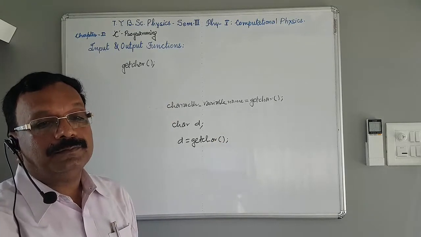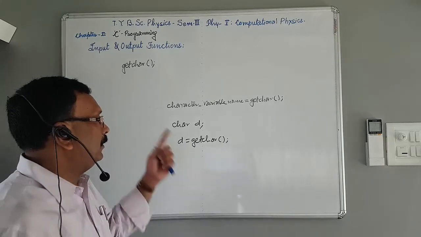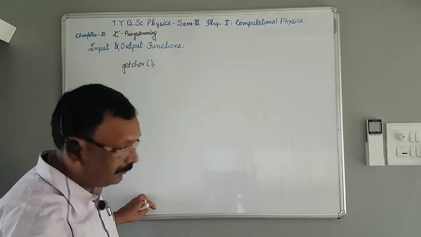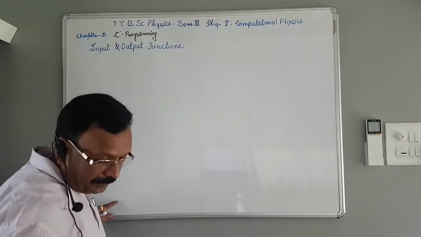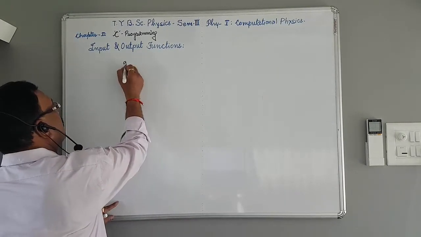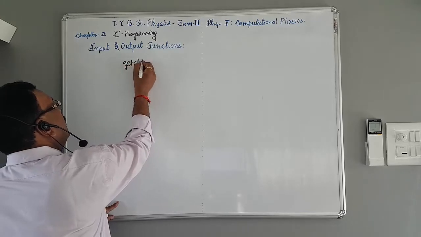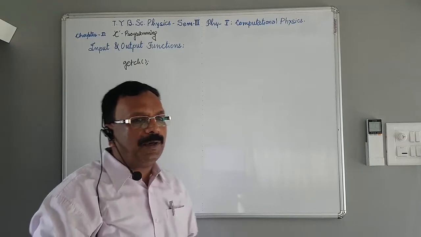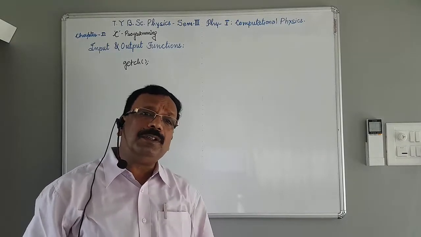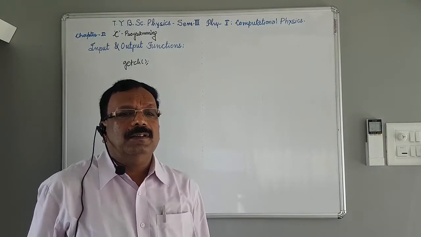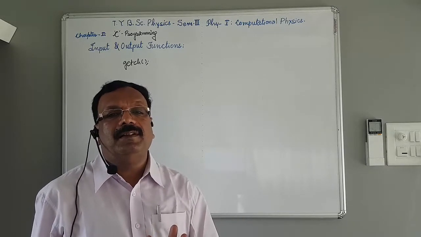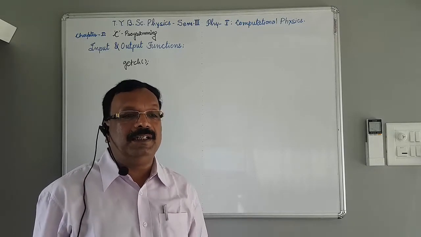Okay. Now, one more function is there, getch, the third input function. This is also an input function. getch is similar to getchar, but it waits for a key press, after which it returns immediately.